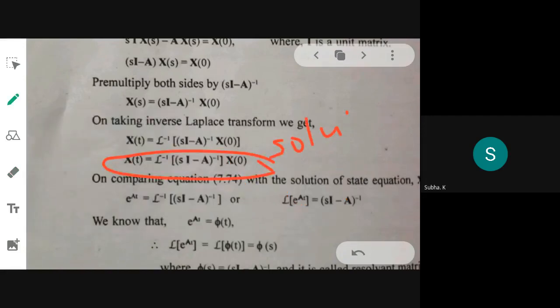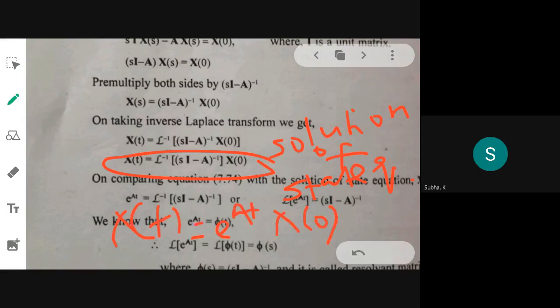This is how we get the solution of the state equation: x of t is equal to e power At into x of 0. Here x of 0 means the state of the variable at time t equal to 0. How it varies to the state at t is driven by the state transition matrix. That is why it is called the state transition matrix.